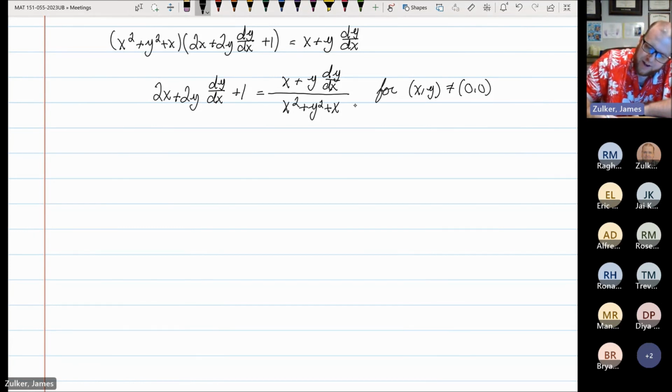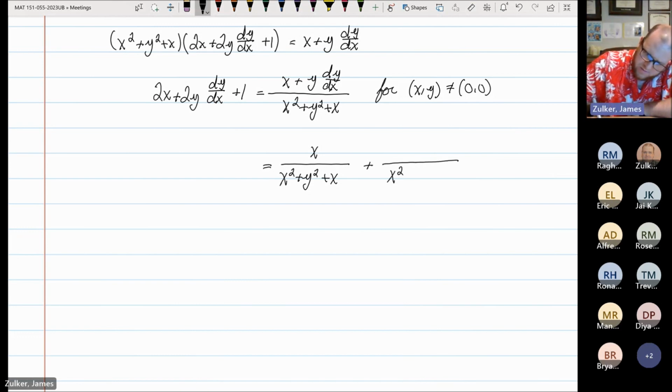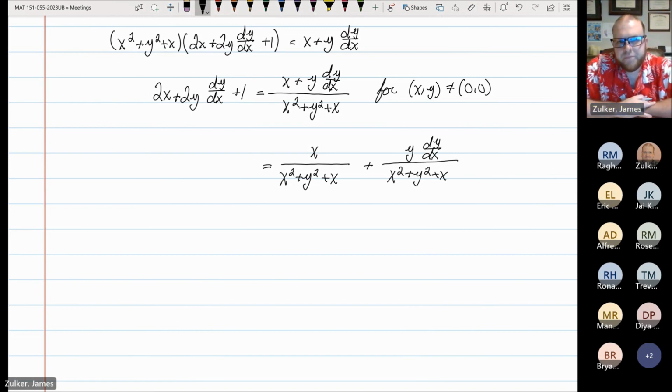Write this as 2 separate fractions. This just makes it easier to move the dy dx terms to one side.